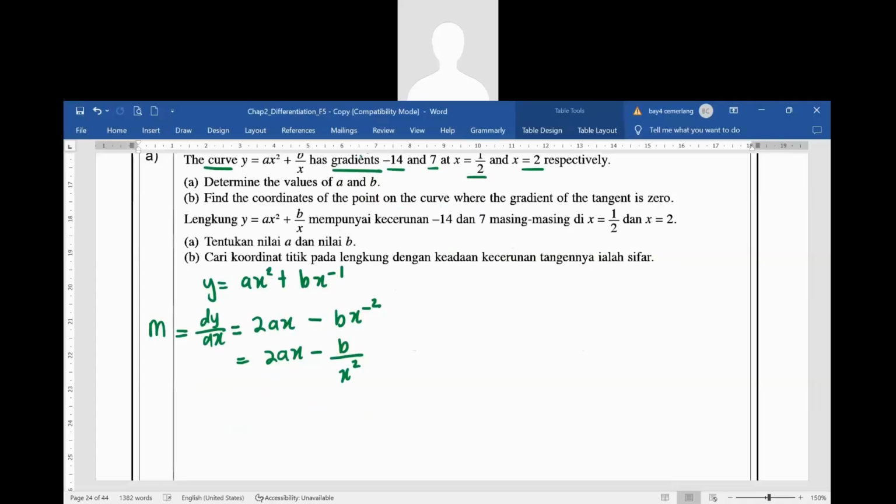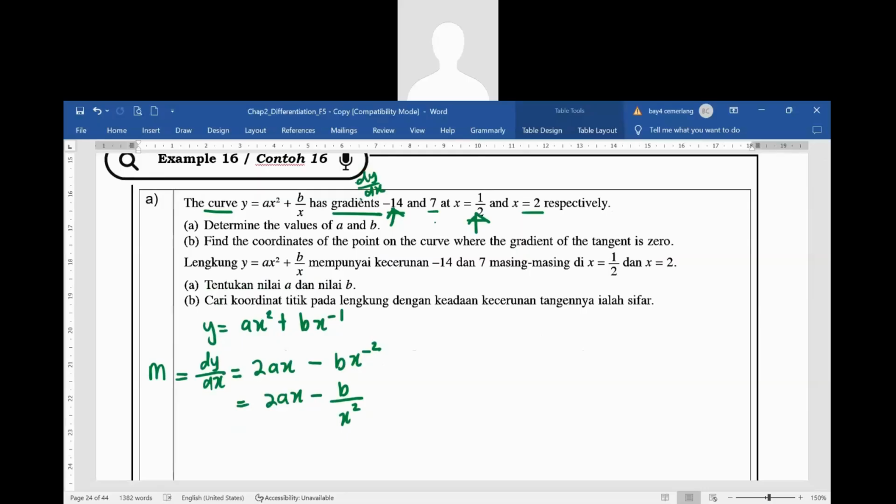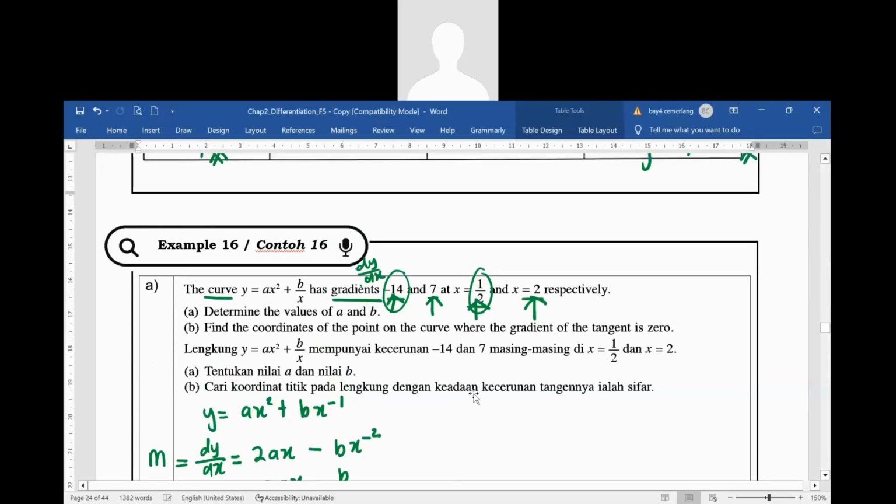Okay, the gradient of the curve is negative 14 when x equals half. Read the question again. And the gradient is also equal to 7 when x equals 2. So we do it this way. You see, it gives two pieces of information, two unknowns, simultaneous equations. It's not a big surprise for us.